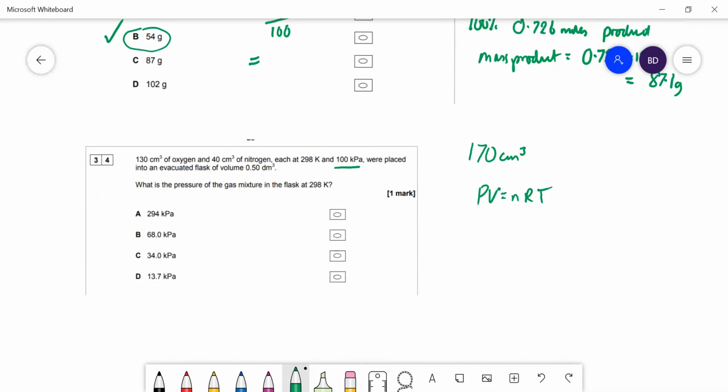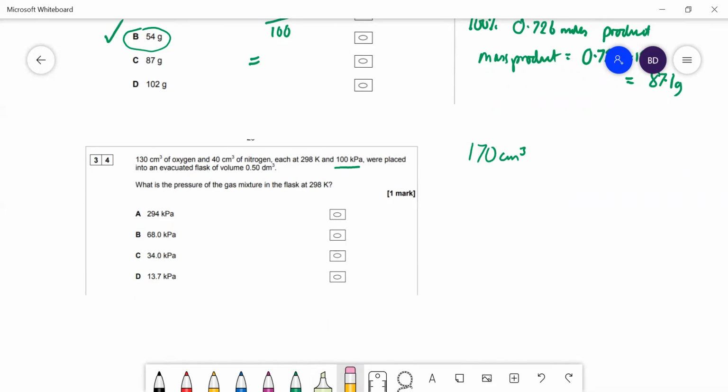So we need to work out the number of moles of gas. Let's do that then. And again, we don't have to treat them separately. We just treat them as one because it's all the same.